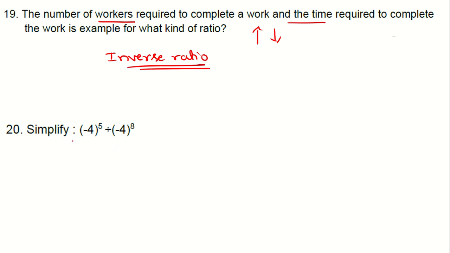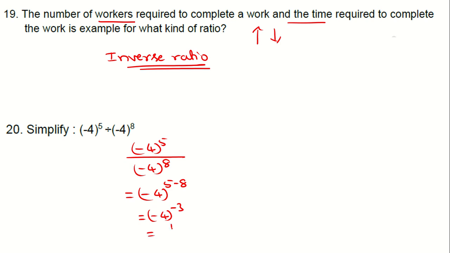Then simplify minus 4 whole to the power of 5 divided by minus 4 whole to the power of 8. By applying the law of indices, it is minus 4 whole to the power of 5 minus 8, that is equal to minus 4 whole to the power of minus 3.